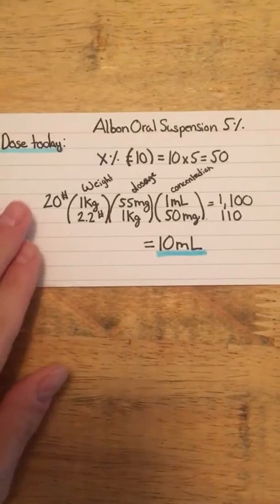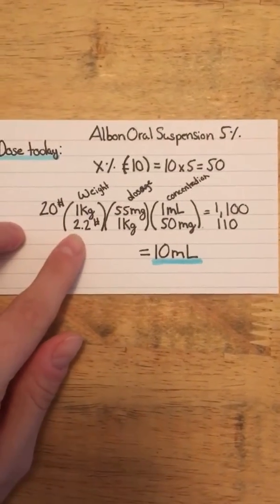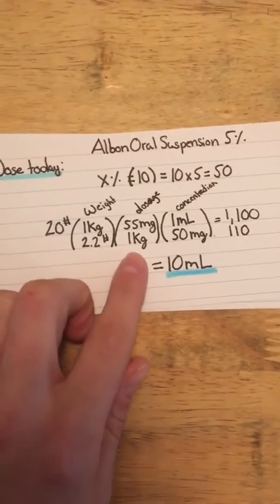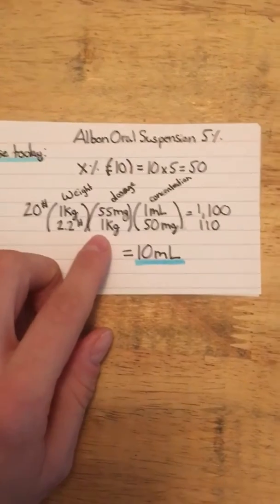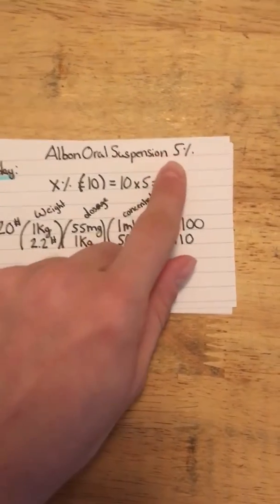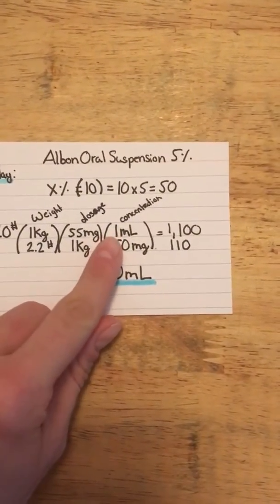We're going to set up our math problem. We have 20 pounds, which is the patient's weight. We have our weight conversion to get to kilograms. We have our dosage, which is 55 milligrams per kilogram. And the concentration that we just figured out from 5%, it is 50 milligrams per 1 ml.